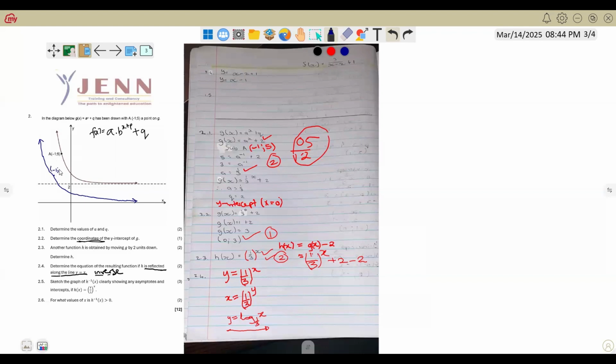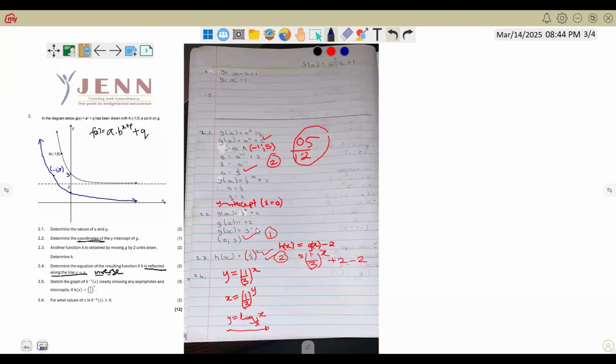It will be negative 1, 3, but the y coordinate goes to where? To 3. This y intercept, where did it go? It will be 0, to the origin. Remember, we were at 3 here. We worked it out.